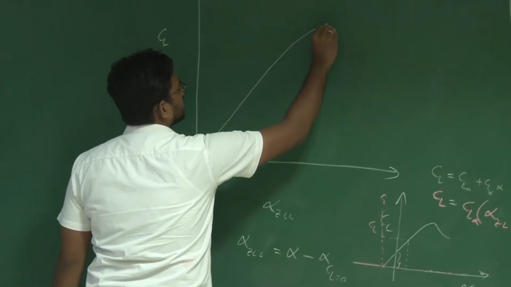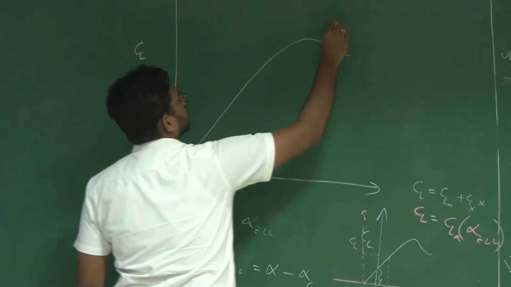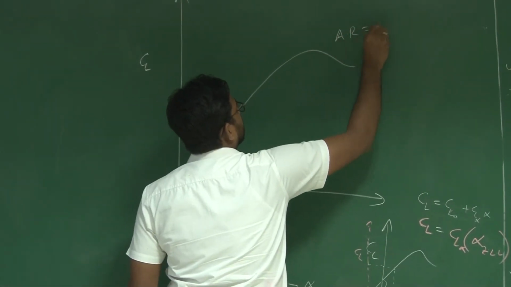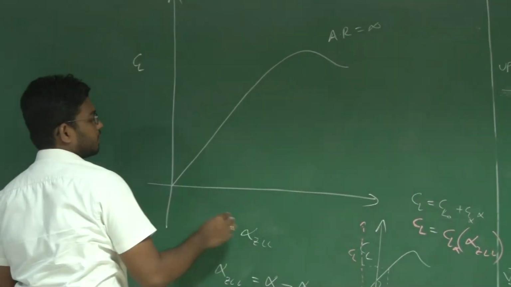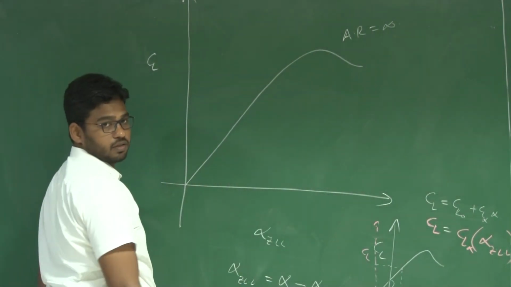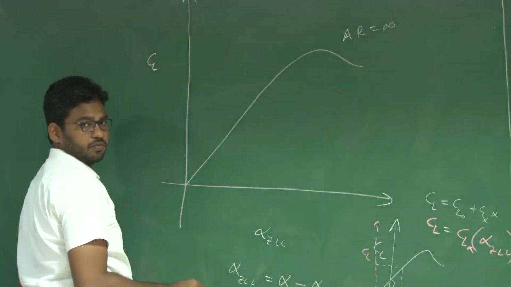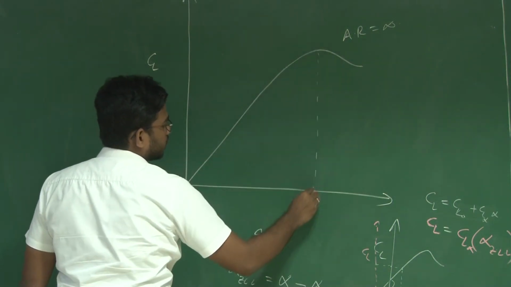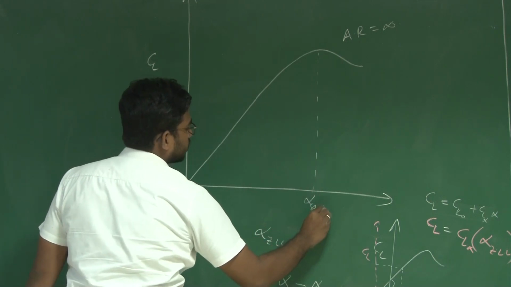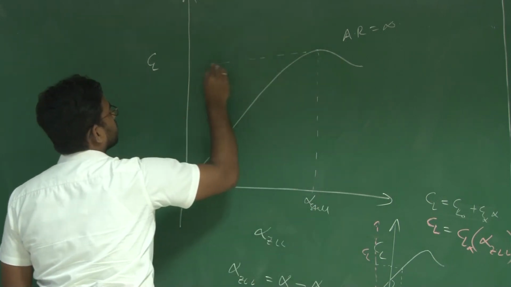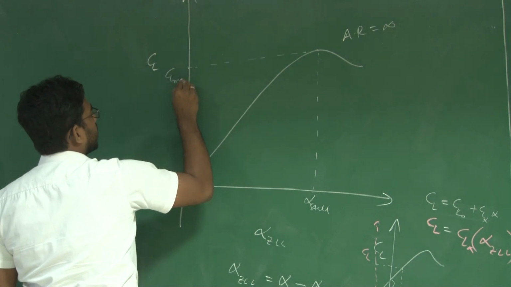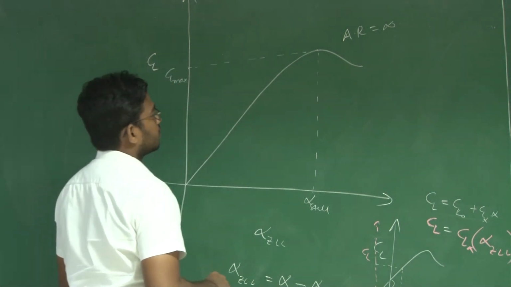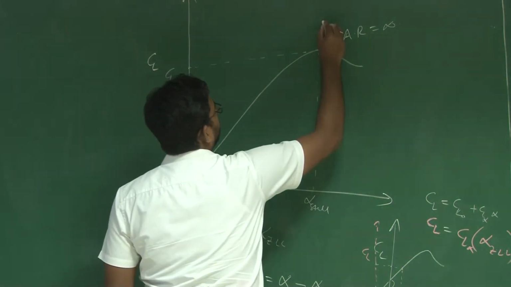Now say typically this is how the aerofoil CL varies with the angle of attack, defined with respect to the zero lift line. Now we know this is your alpha stall, where you achieve your maximum CL, CL max. Beyond this, what happens?